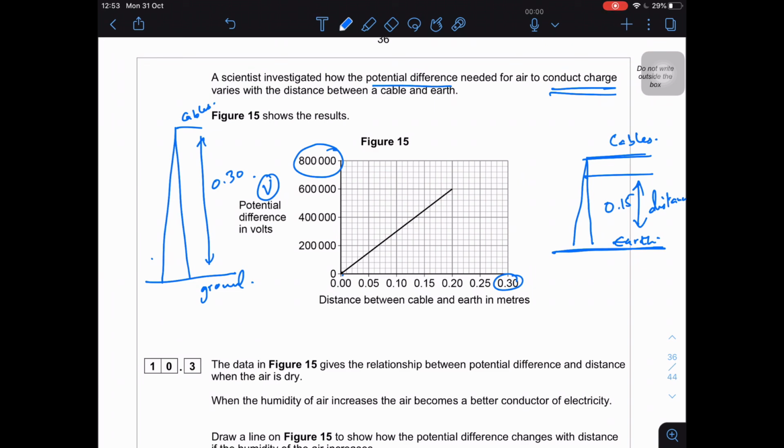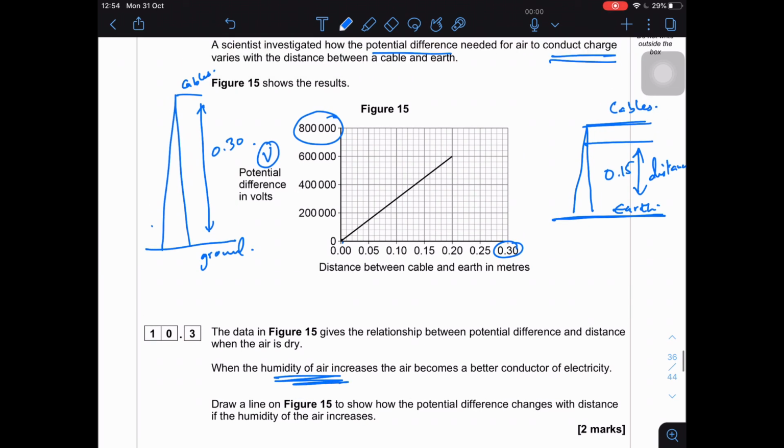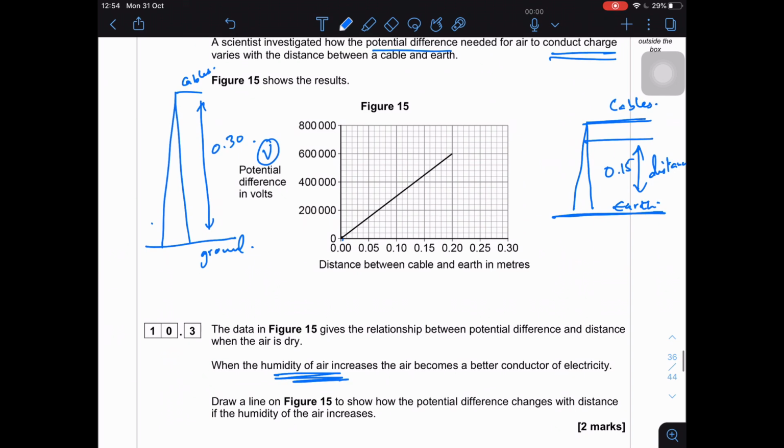Okay, now if you read this question, you'll see that the humidity of the air makes air a better conductor of electricity. So if humidity is present, you don't need as high a voltage to conduct electricity. Okay, so where would the new line be? They're asking you to draw a new line. The new line will be just below. Why is it below?